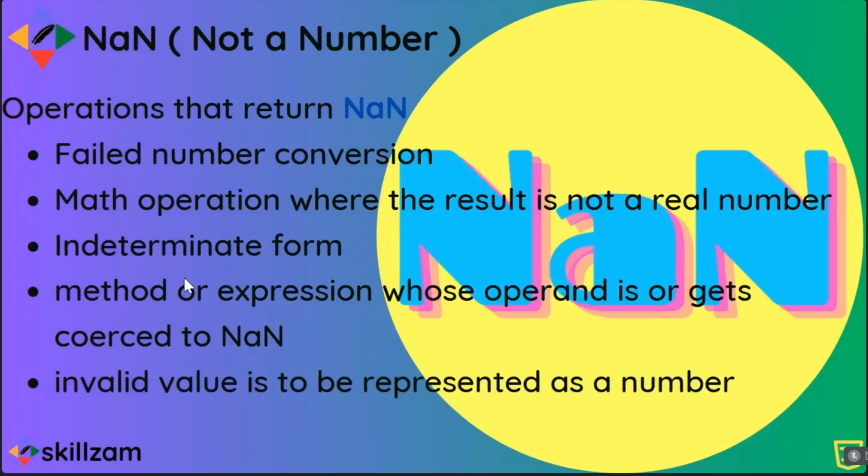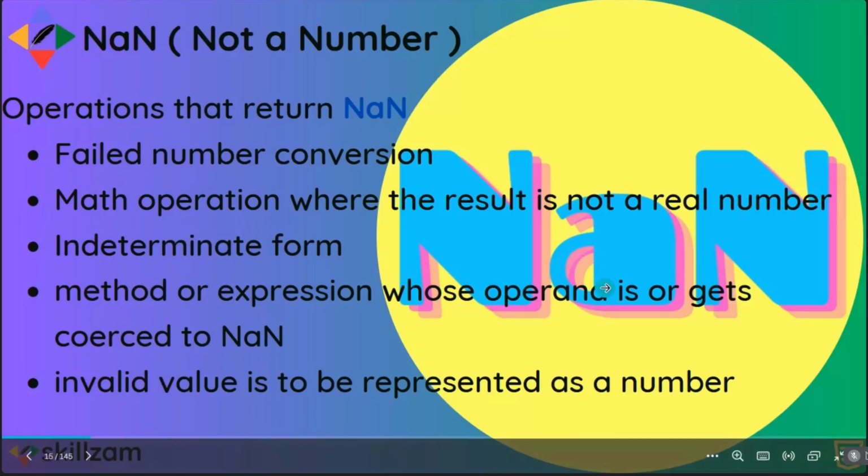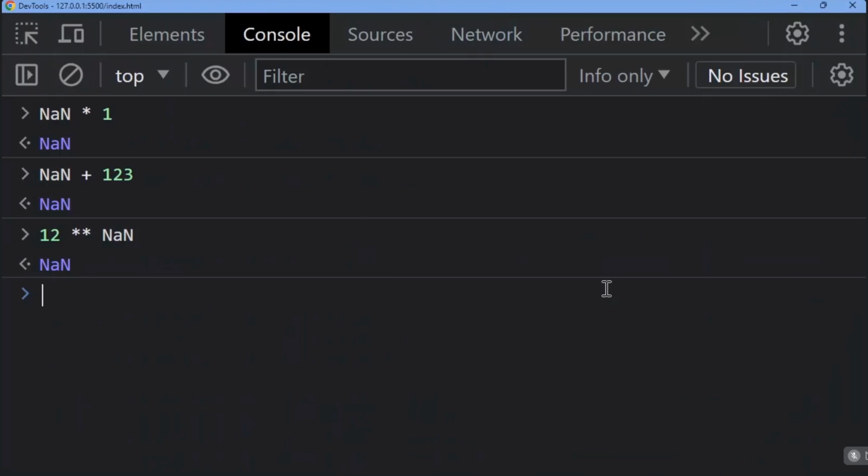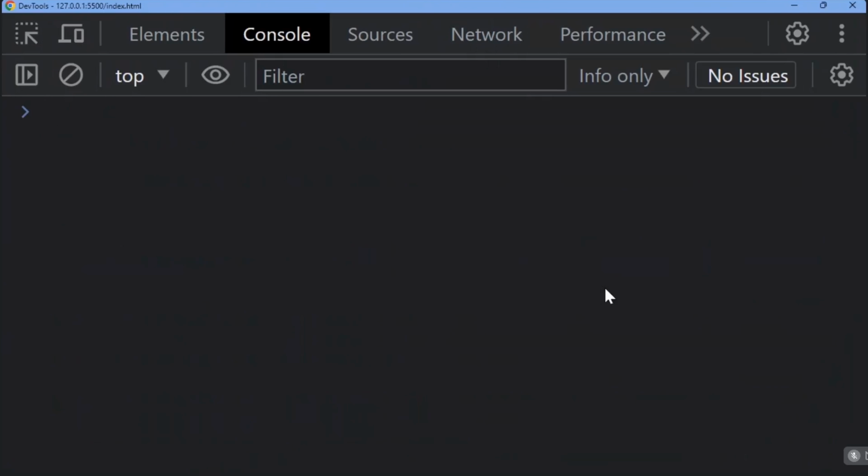Invalid value is used to represent as a number. There are some invalid values and you are trying to give a representation as a number. One very good example is a date method. Again, we have not seen date yet, but later I can show you. There is also a method called charCodeAt. Let's take that.